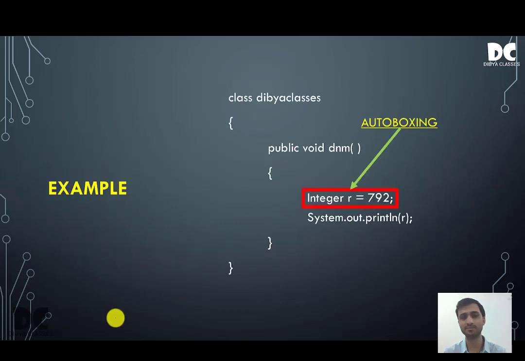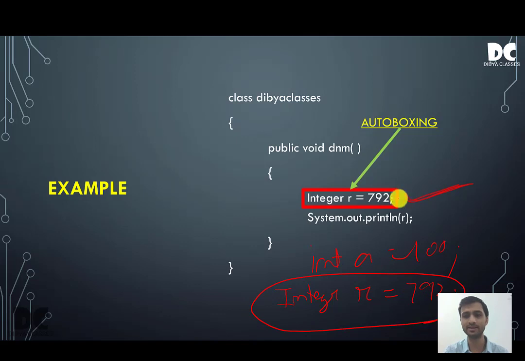So let us see an example. Here you can see we have directly kept the value like normal. Normally we write int equal to 100 and you store the value. Similarly here we are using the wrapper class Integer object r equal to the direct value 792. If we write like this, you can see there is no new keyword used here. No different syntax, we have not used the new keyword.